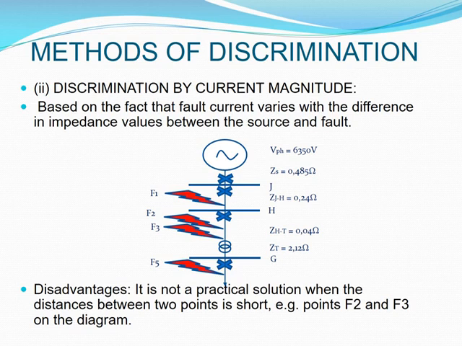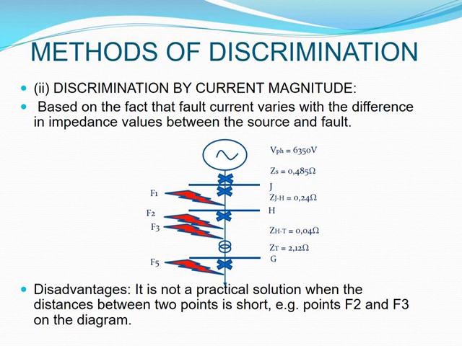Then if you look between F2 and F3, between H first and your transformer, you can see that the impedance of that line is 0.04 ohms, and for your transformer, you've got 2.12 ohms.